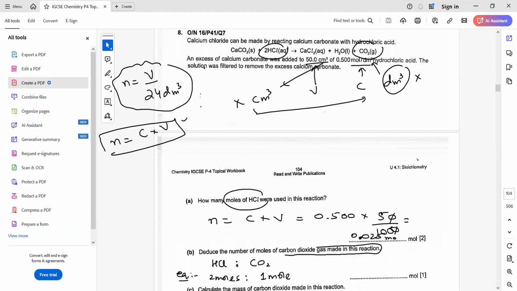And how many moles do we have? We have 0.025 moles, and this is going to produce x moles. If we cross multiply, that would be 2x equals 0.025, or x equals 0.025 divided by 2. This is 0.0125. Do you guys get this part?